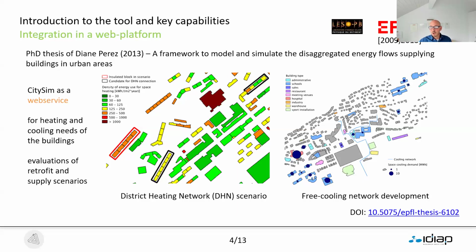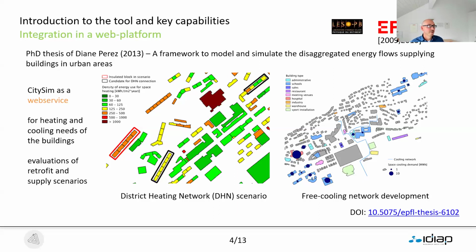So here I just showed two examples taken from the thesis of Diane. The first one is in Neuchâtel, so not far from my place, a district heating network scenario. Basically, the question was, which buildings are more interesting to connect to a district heating network? And the second one is the reverse. We don't want to heat, but we want to cool the buildings.